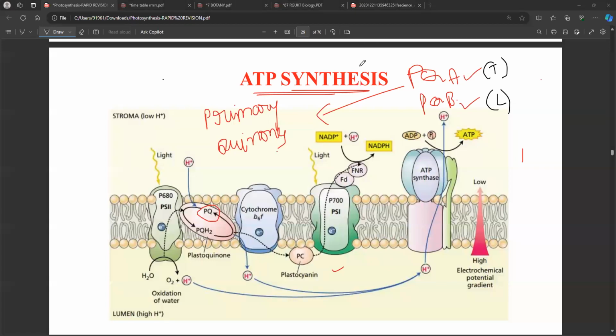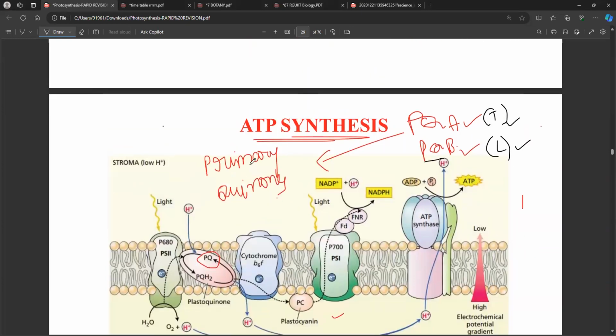Now you tell me, among PQA and PQB, which can act like a mobile carrier? All the students, answer my question. Undoubtedly, plastoquinone B can act like a mobile carrier. So all the students have to understand my statements very correctly.